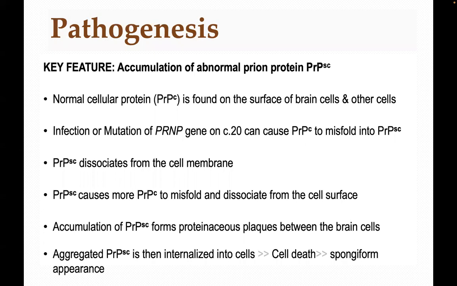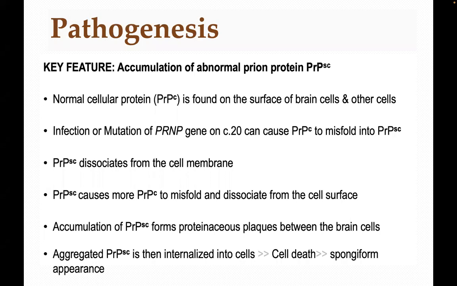So once they keep on recruiting other prion proteins to be abnormal, and they cannot be degraded by the proteases in the cell, they form plaques in the cells. And if it is neurons, they form plaques in neurons, and these plaques can be neurotoxic to the neurons and end up making the neurons die.